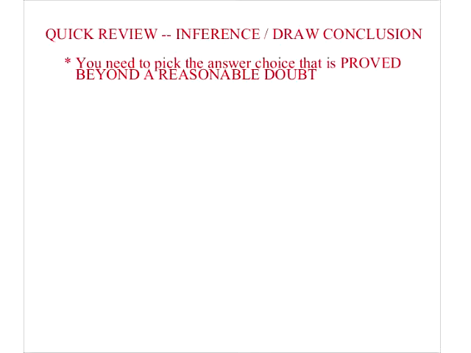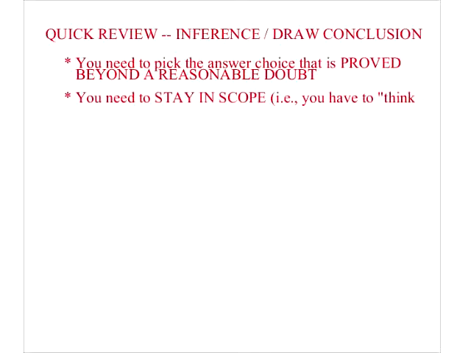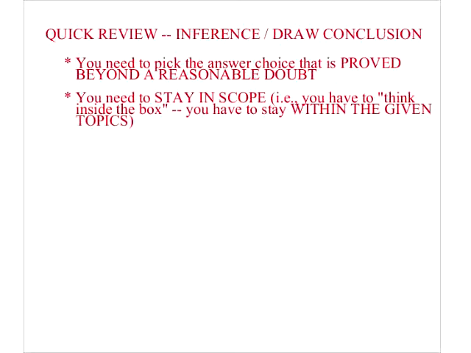In other words, instead of thinking outside the box, you have to think inside the box. You have to stay within the given topics. And that's pretty much a summary of this. So here you go. Prove beyond a reasonable doubt. Stay in scope.